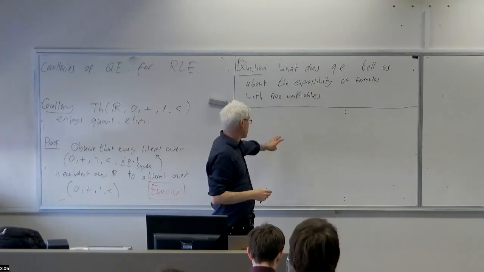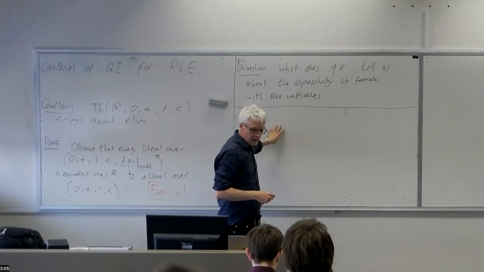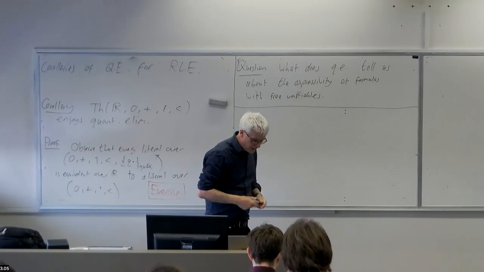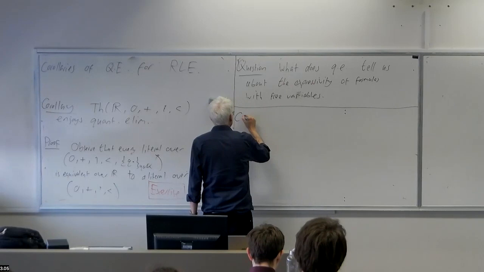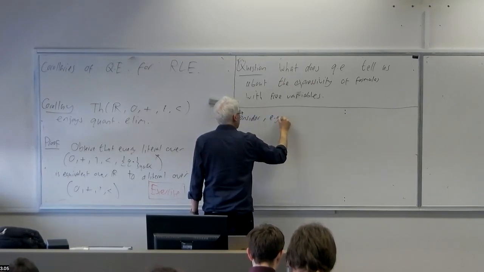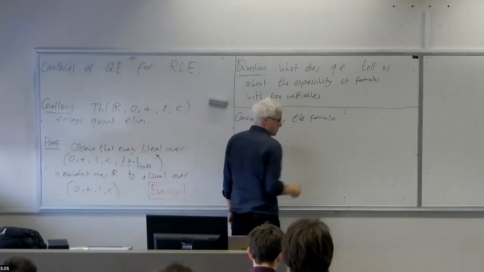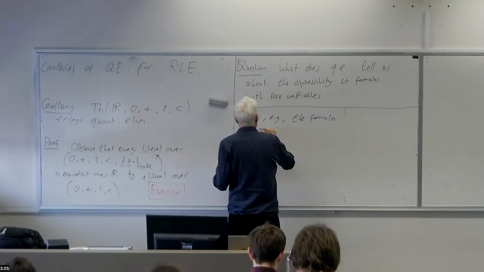So I'm going to consider a particular way of interpreting formulas with free variables, which has mathematically turned out to be very, very profitable. Let's consider an example formula, and I'm going to just have a quantifier-free formula to make things easy, but we're going to use similar considerations for any formula.